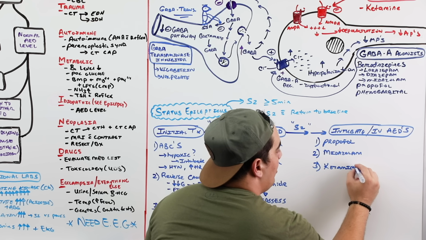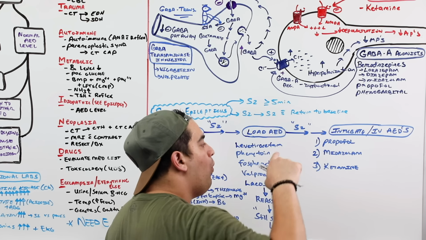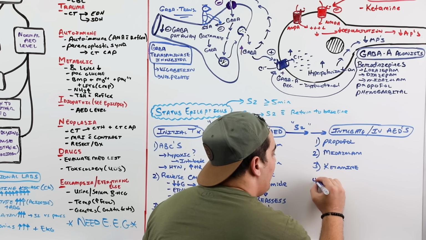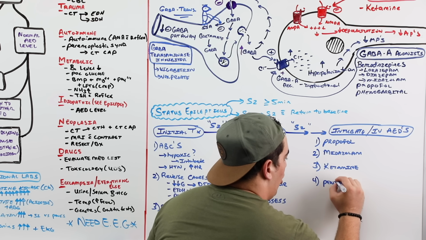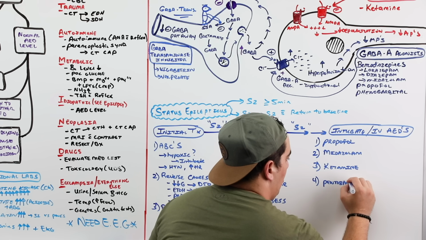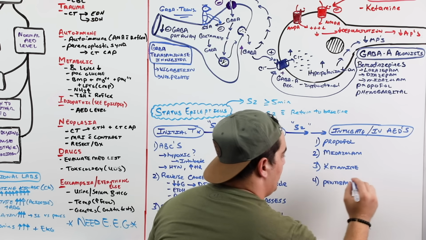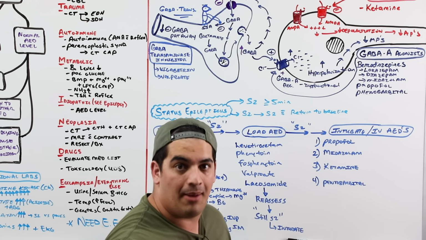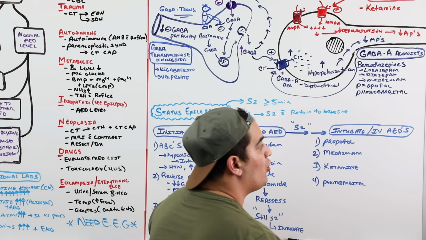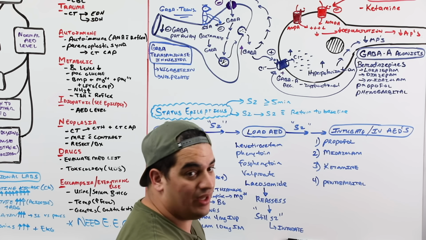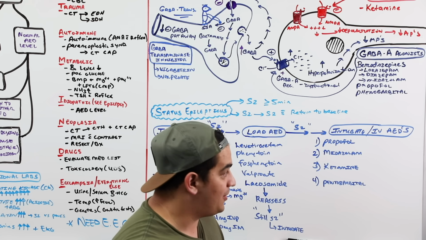So these are three of the big ones here. And then one more option, if you really need it, is pentobarbital, which will also increase the GABA A activity and shut down those seizures. So these are some of the hardcore IV infusions that you can give to shut down the seizures.